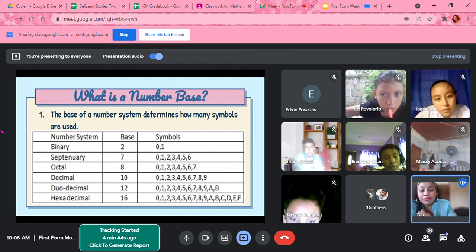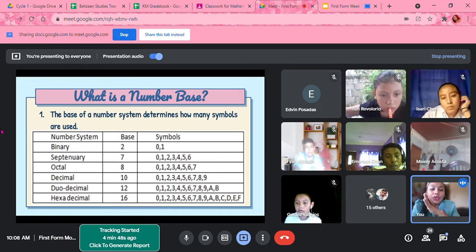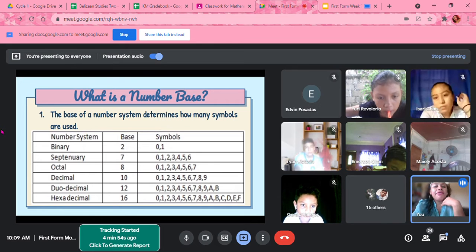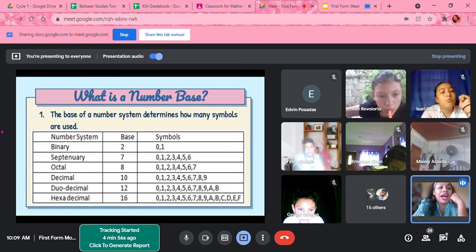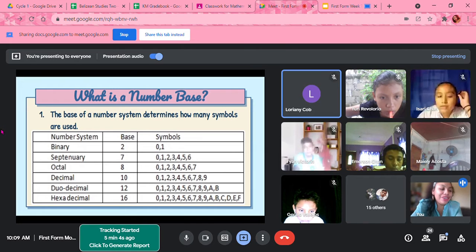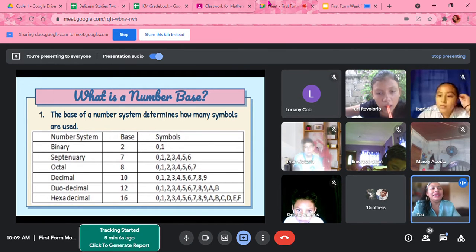If I am talking about base 16, I can only use 16 values. Alright? So, if I talk about base 5, how many numbers can I use in base 5? 5 numbers. Very good.